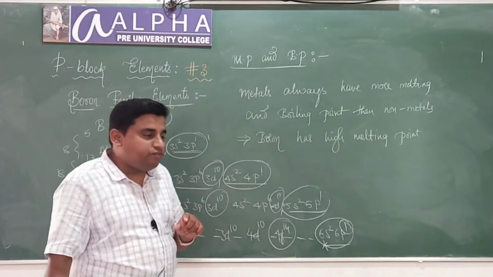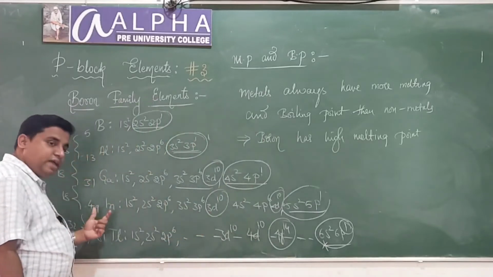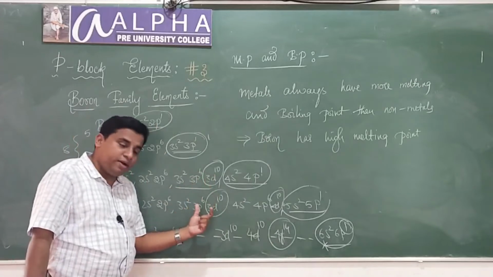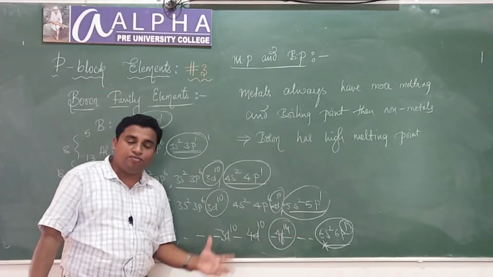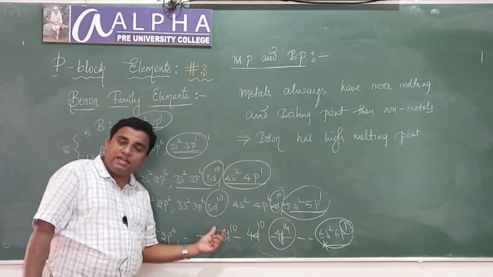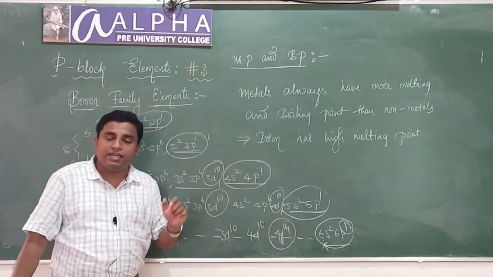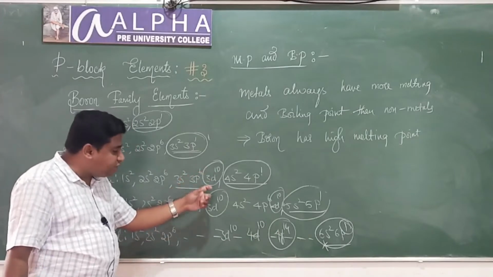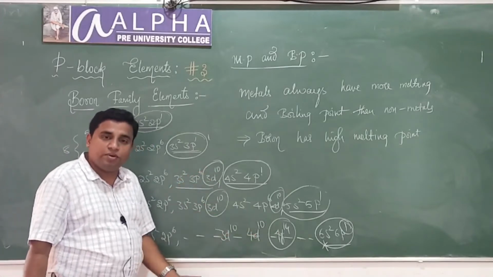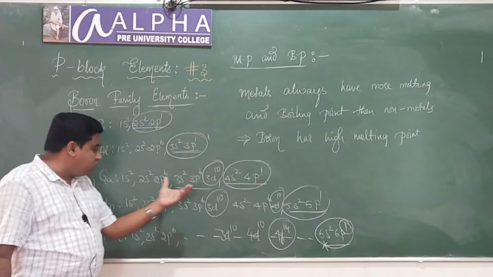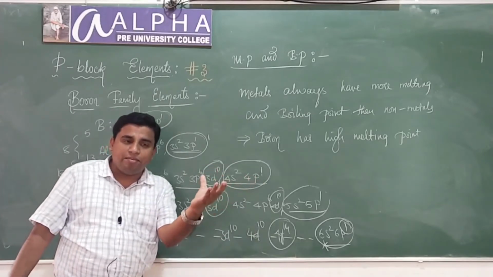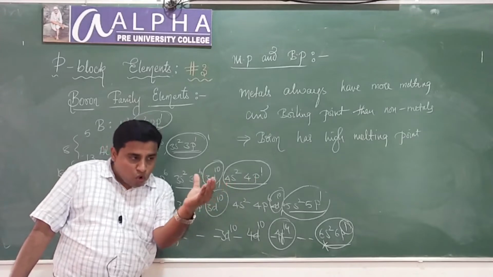From gallium, indium and thallium, there are inner completely filled d orbitals and inner completely filled f orbitals. D orbitals and f orbitals exhibit poor shielding effect. Because of the poor shielding effect of d and f orbitals, the outer electrons of gallium, indium and thallium will be more towards the nucleus.